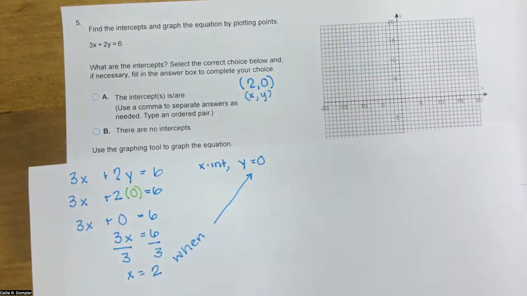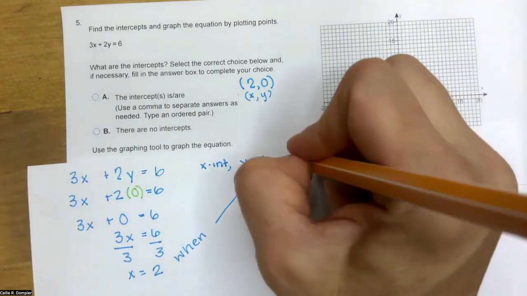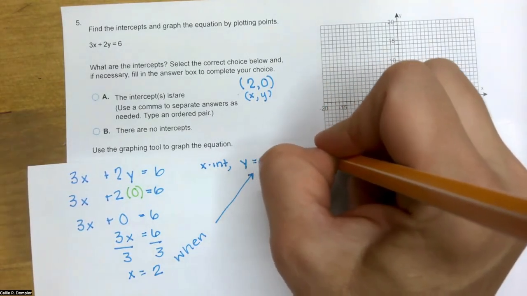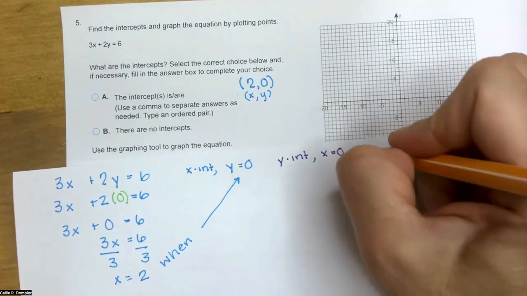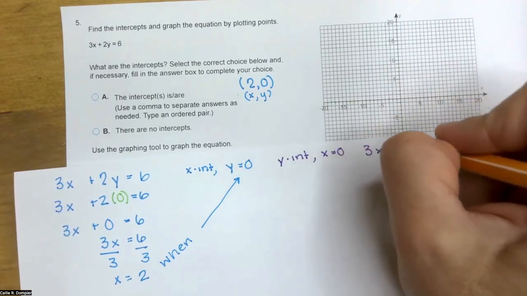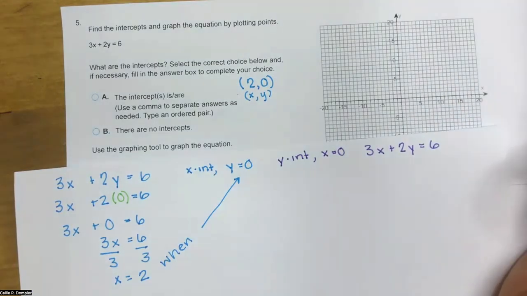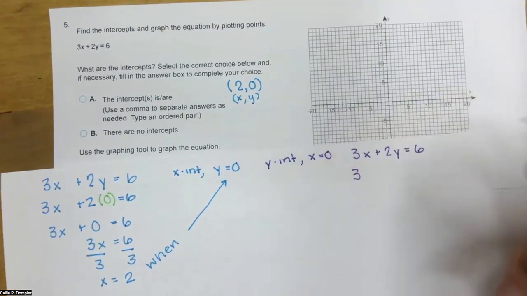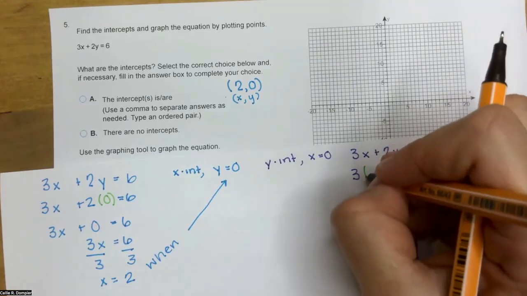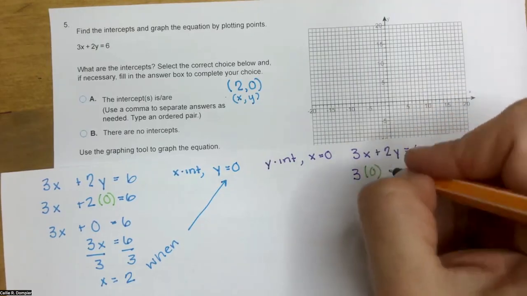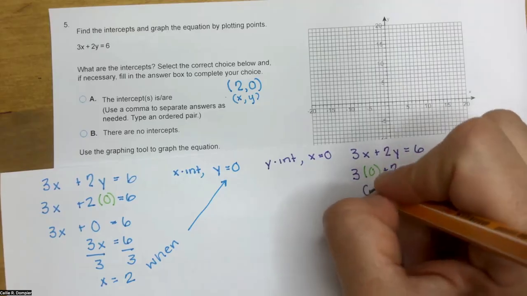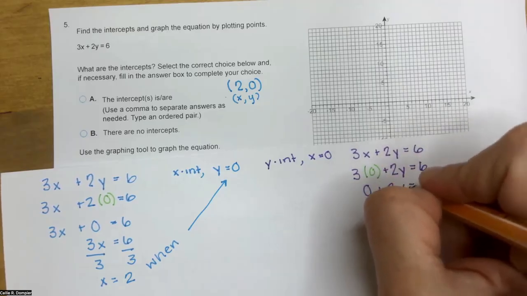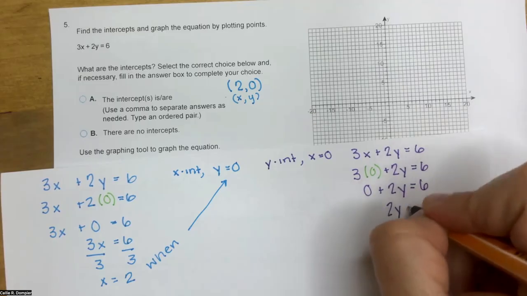And to find the y-intercept, the other intercept if there is one, set x equal to 0. Good. So now we have 3 times 0 plus 2y equals 6. 3 times 0 is just 0, so 2y equals 6.